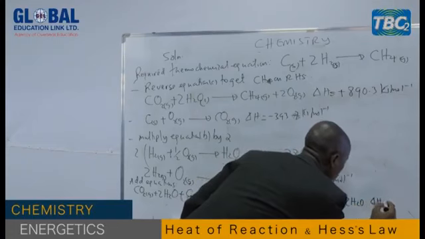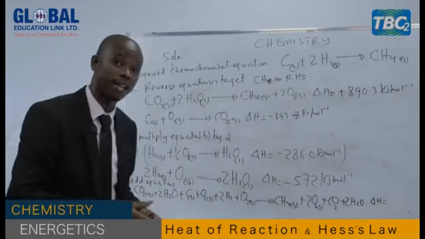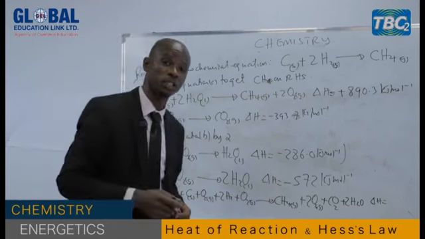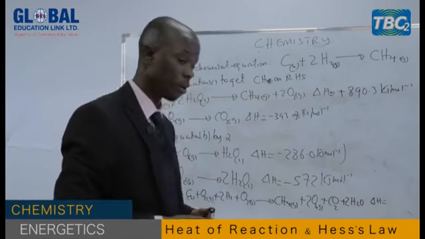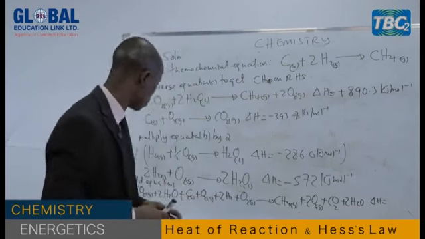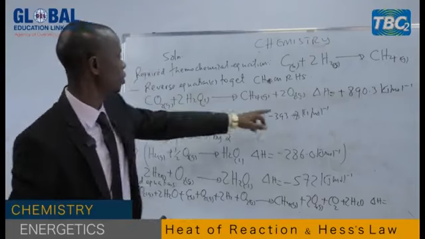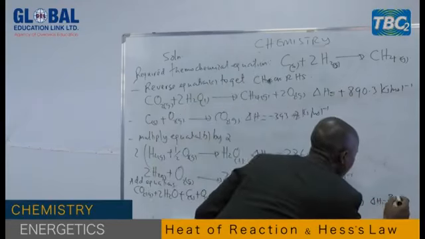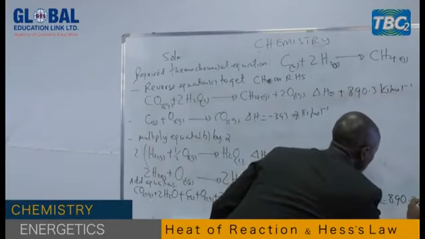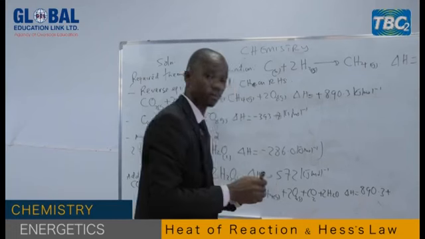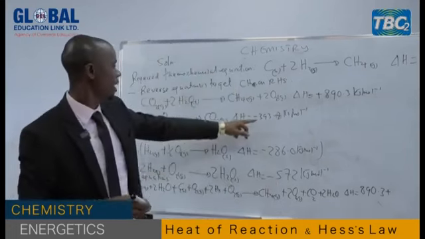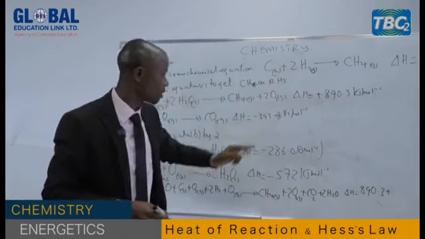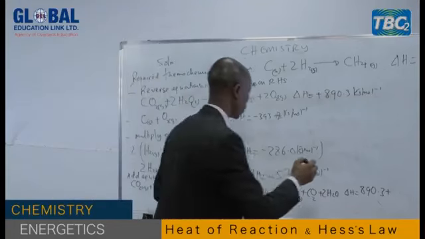The enthalpy change as well, you add, you sum, and that is Hess's law of summation of enthalpy change. The first one was positive 890.3 kilojoules per mole, plus the second one, negative 393.7 kilojoules per mole.